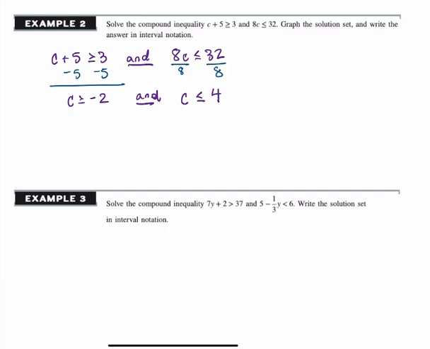So let's think about each of their graphs separately, as was suggested. So the first one, c is greater than or equal to negative 2. So if this is 0, negative 2 would be over here. I would include the negative 2 and shade in everything to the right of it.